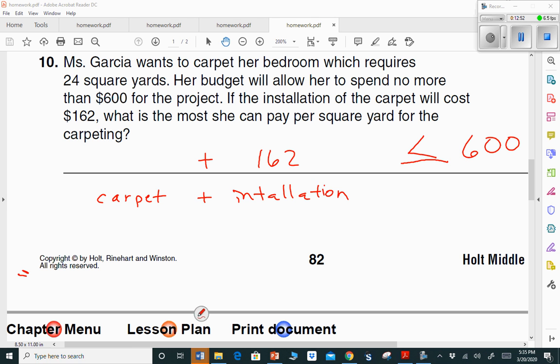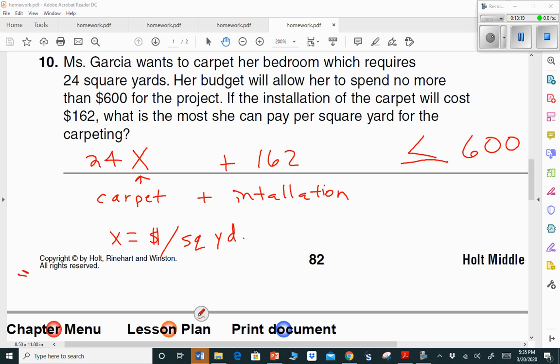So what's the carpet going to cost? Well, she's going to buy 24 square yards at some price. X is the price per square yard. Okay, so she's going to buy, so we have to figure out what that price would be.